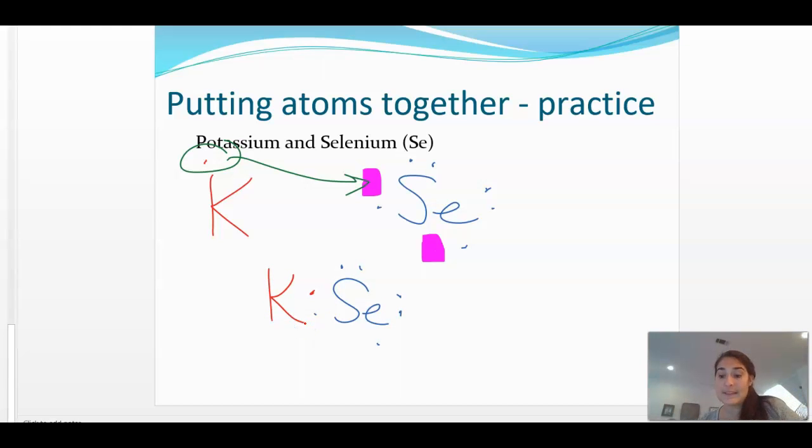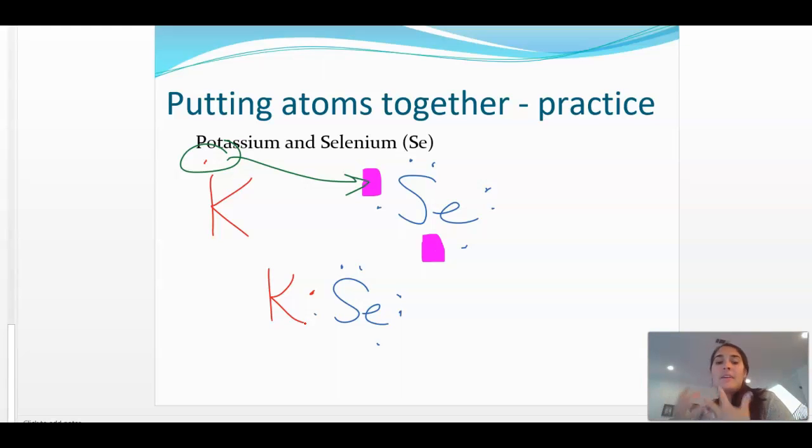But when you look at this, the selenium, again, is still not at 8, right? We don't have a full octet. And again, I am telling you that potassium and selenium are the only elements involved in this. And so the selenium needs something else. We're not going to bring in another selenium because that brings in way more unpaired stuff.